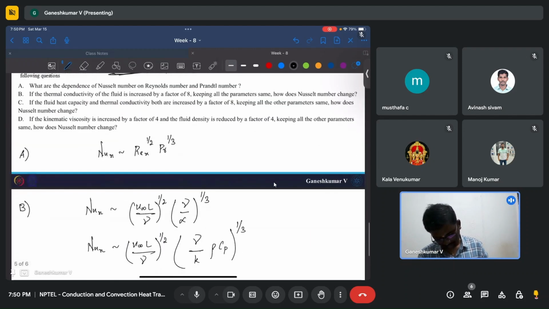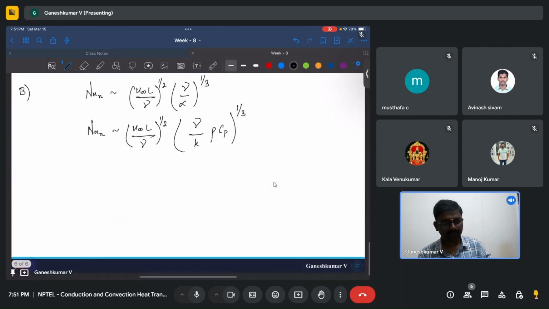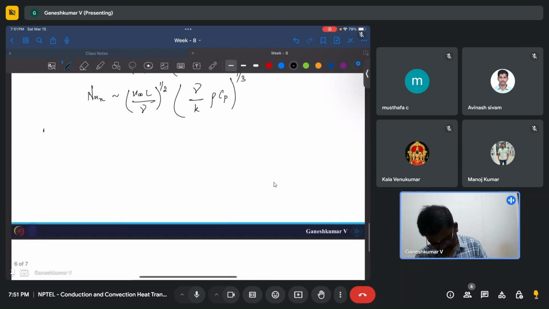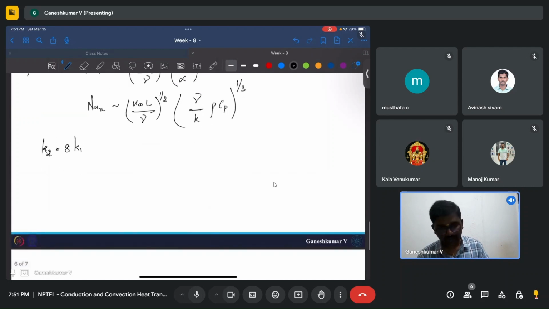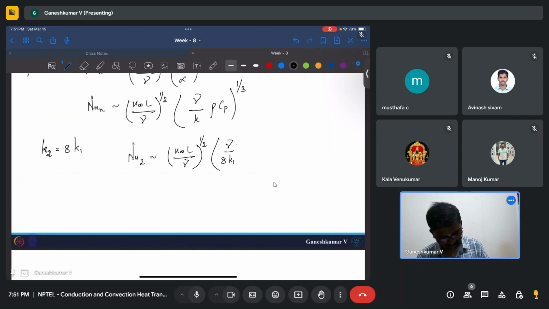Now I am going to change the thermal conductivity of the fluid by a factor of 8. So basically you can write it as K1 and K2, where K2 is nothing but 8 times K1. The reason I gave 8 is that it's easy for taking square roots and cube roots. Nusselt number 2 is nothing but U infinity L by nu, all these are not changing, power half, into nu by K, which is 8 times K1.